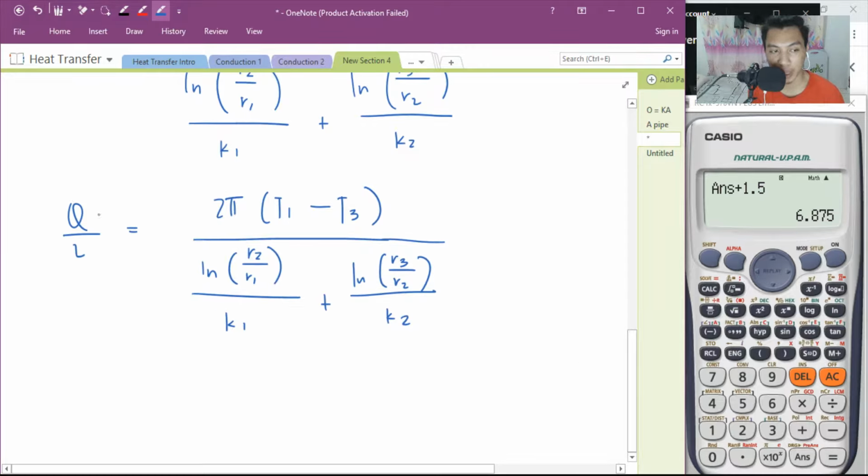Okay na yan. Per foot length, the heat transfer per foot length.